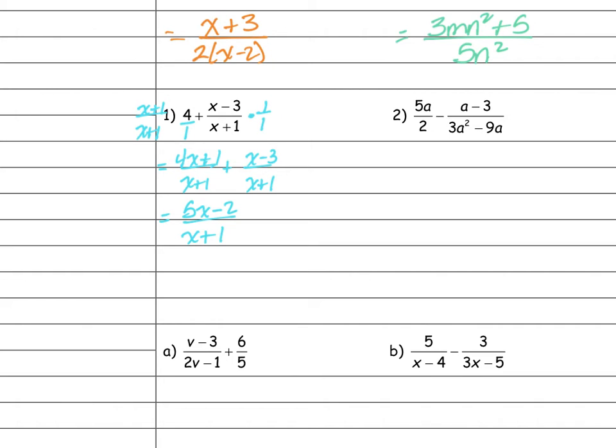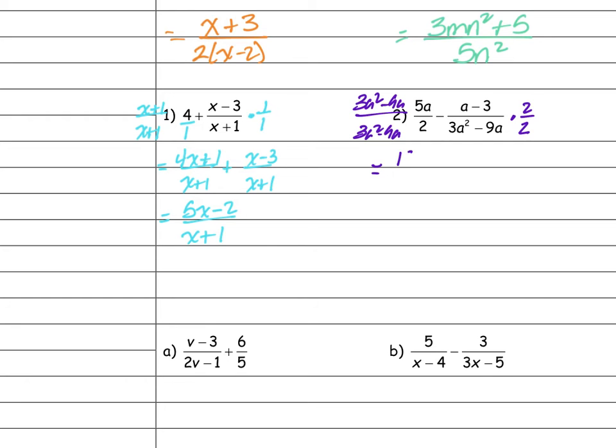So what does the first denominator need that the second one has? Well, everything. 3a squared minus 9a. And then what does the second denominator need that the first one has? Well, the 2. So now I'm going to multiply everything out, not simplify yet.